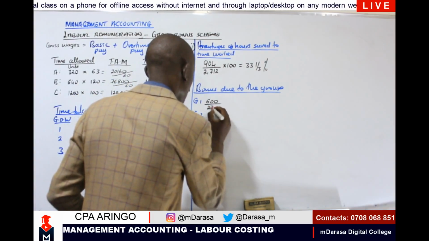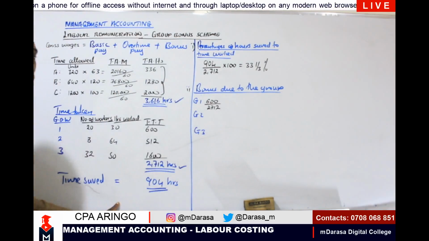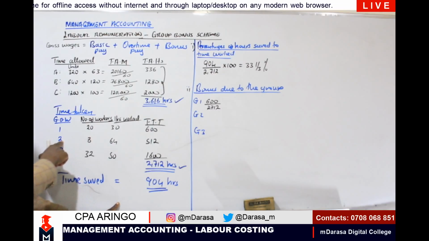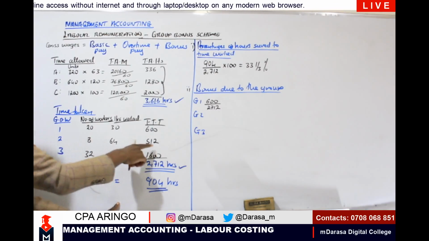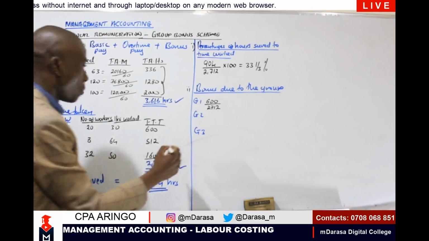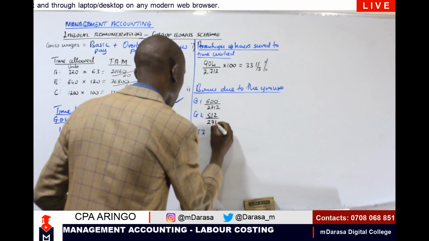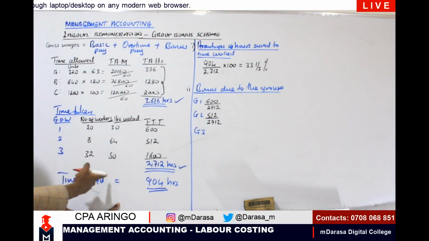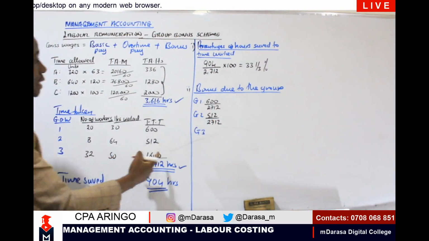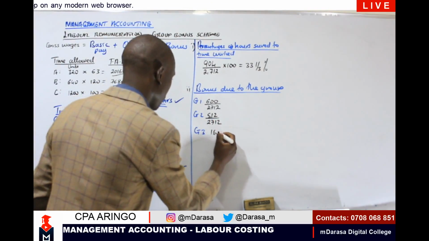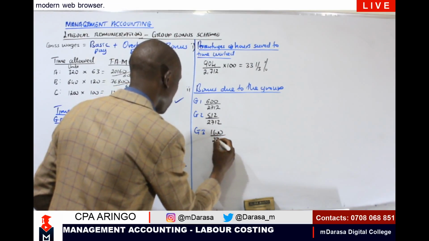What about group 2? Group 2, they worked for 512, right? So I'm having 512 of 2712. What about group 3? 1600 of 2712.